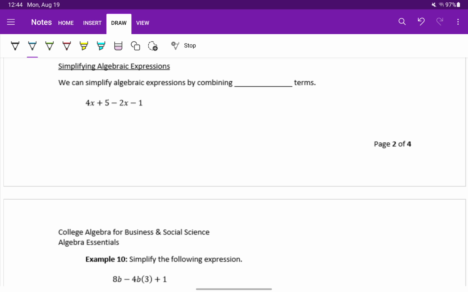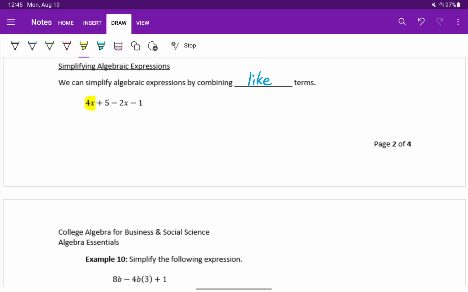So our final answer may be a number, but will more often be an algebraic expression, consisting of terms with and without variables. We can simplify algebraic expressions by combining what are referred to as like terms. We identify like terms by looking at the variable factor of a term.